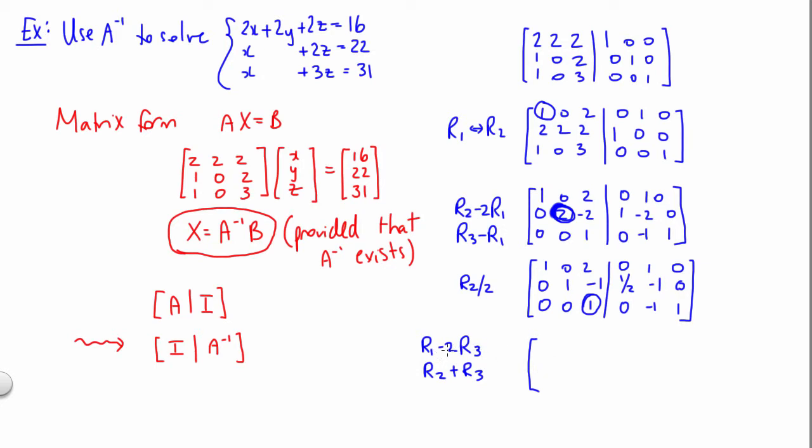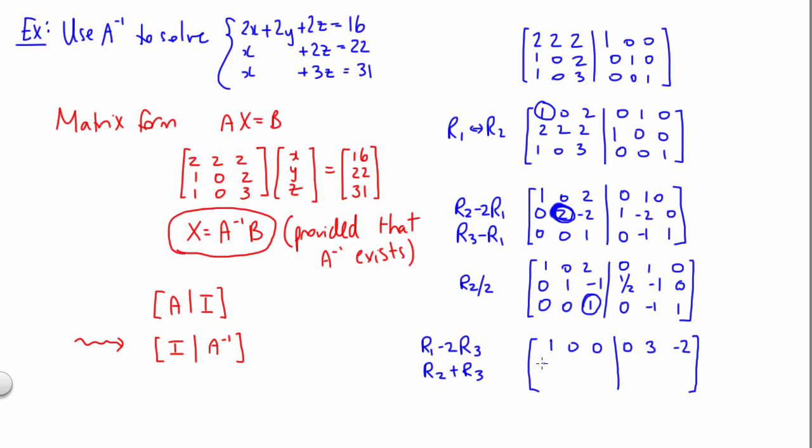All right, so row 1 minus 2 row 3 is going to give us 1, 0, 0. And then on the right side we will have 1 plus 2 gives us 3, and we'll have -2.